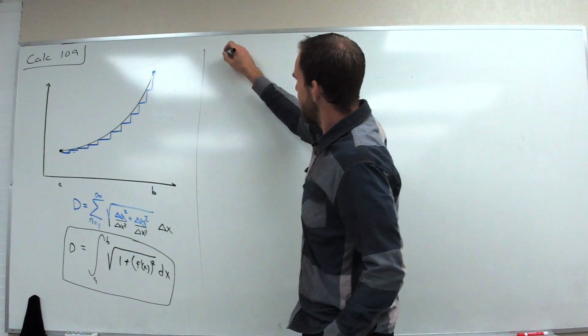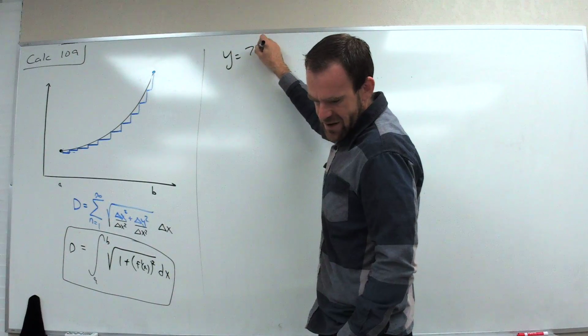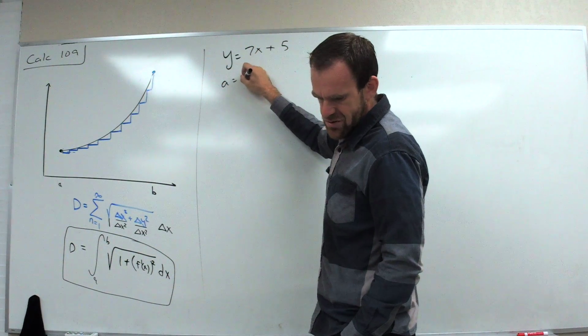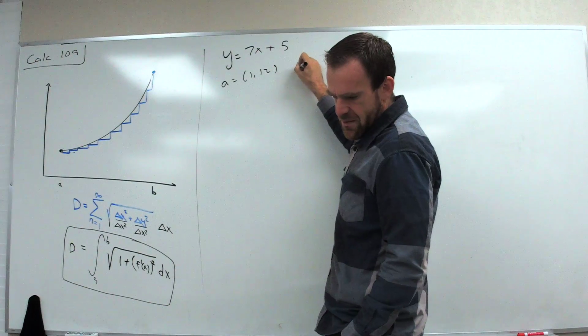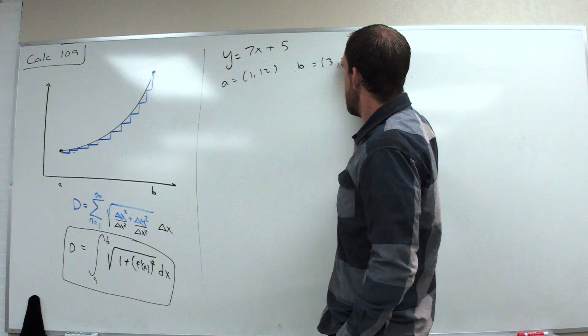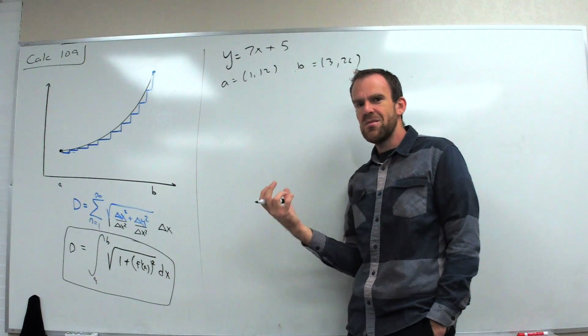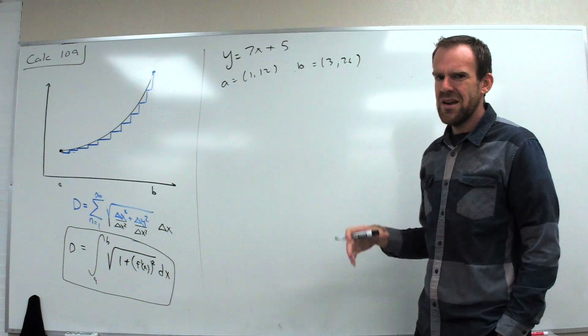Next, we're going to find the length of y equals 7x plus 5 between the points A equals 1 and B equals 3. Again, I love that we take the building blocks and then we apply it to more complicated things.